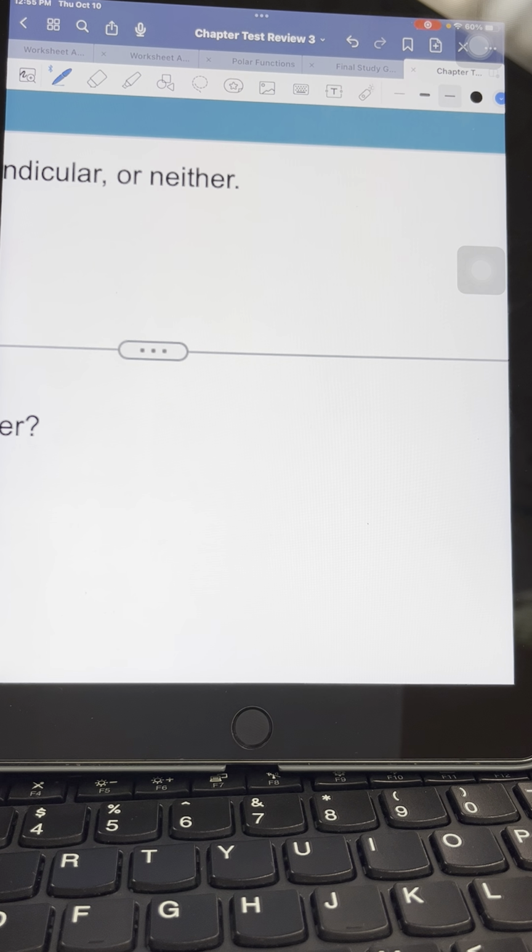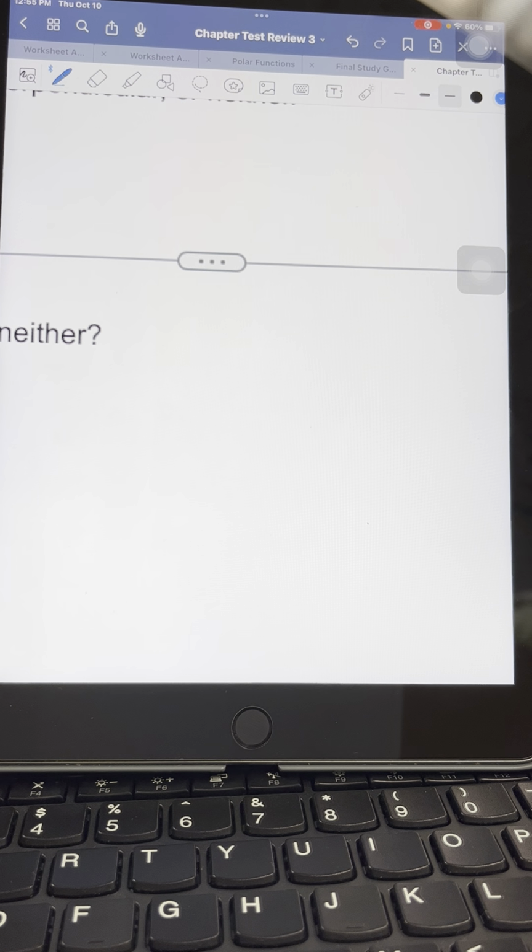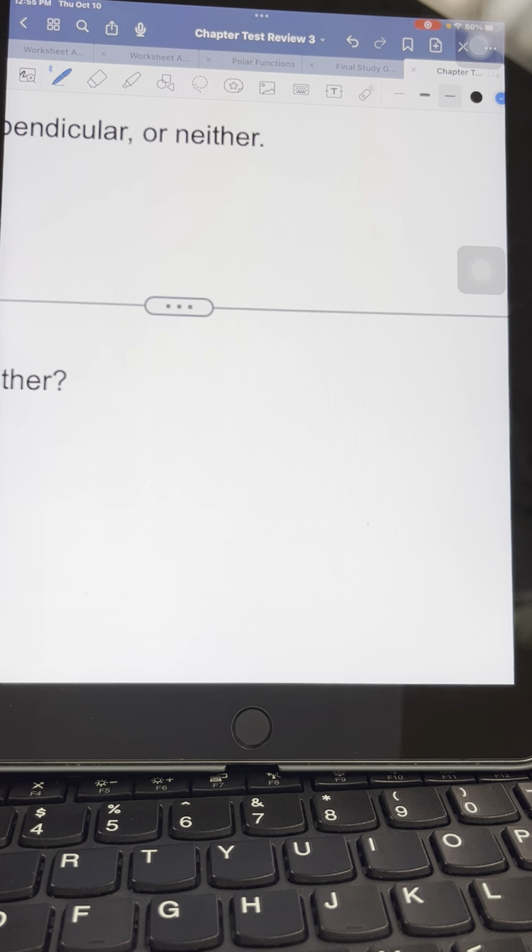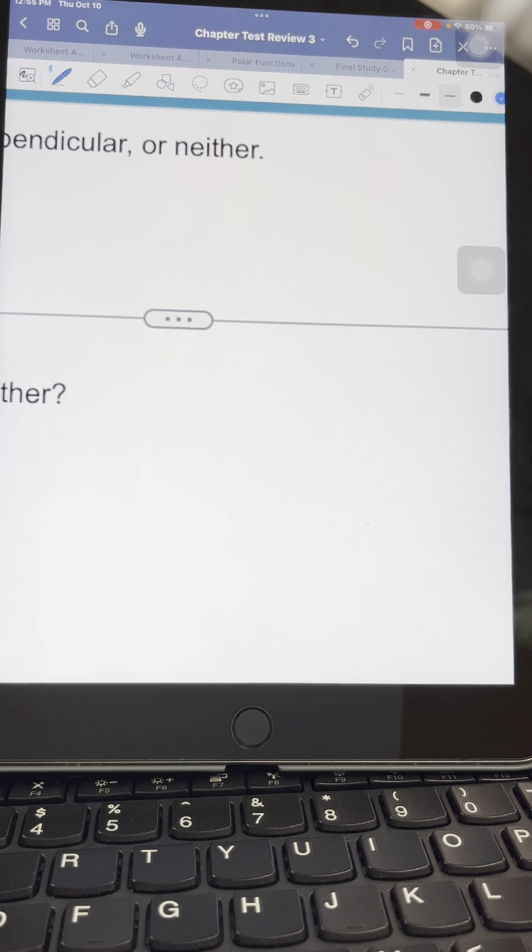Or another example of neither would be if they had the same slope, with the same y-intercept, because we know that parallel lines will never touch. We know parallel lines have the same slope. That's what I meant to say. Parallel lines have the same slope.